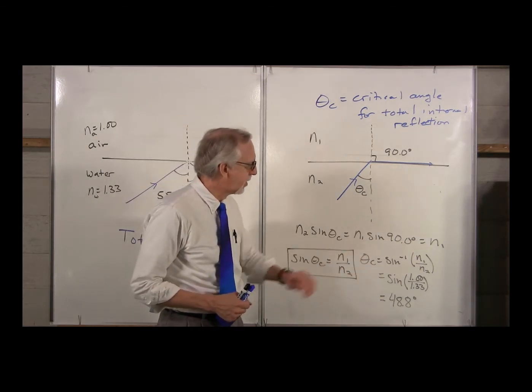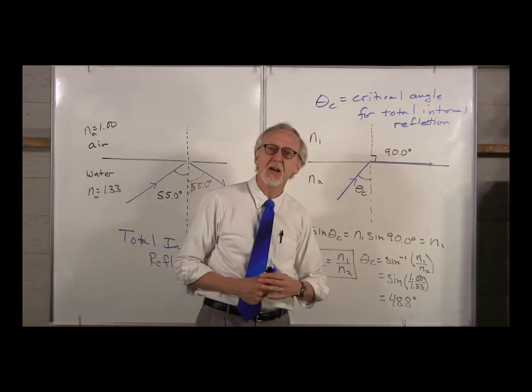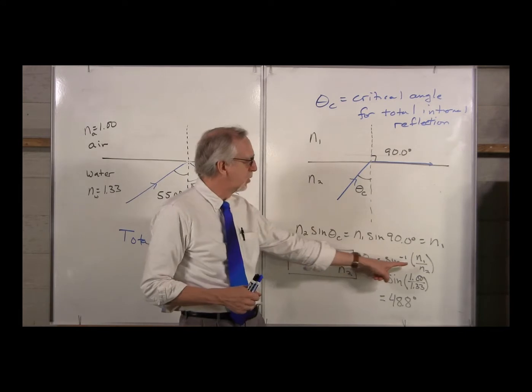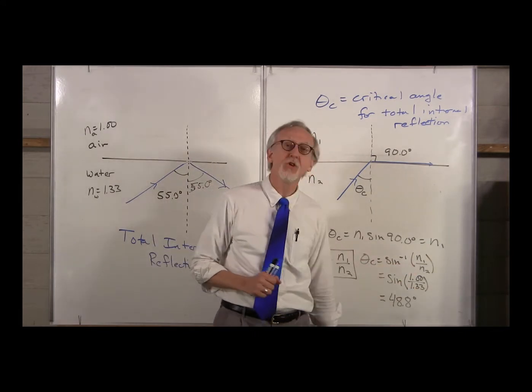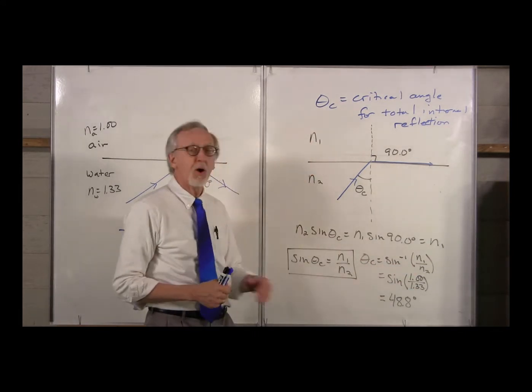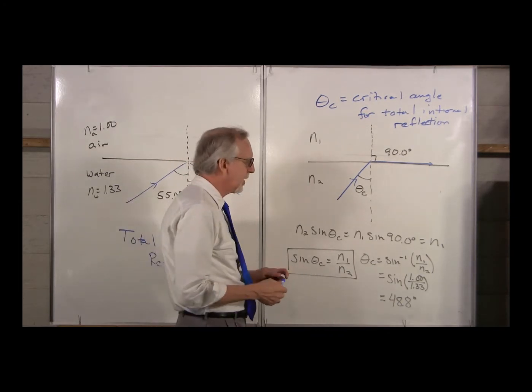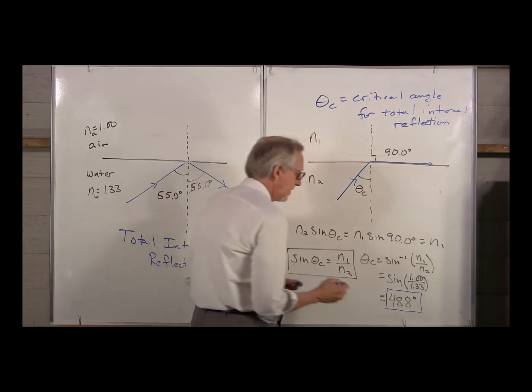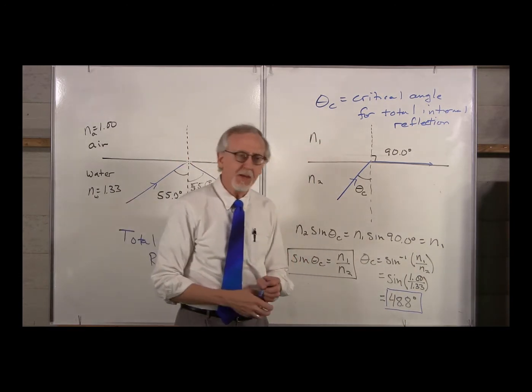Take the inverse sine of both sides. We have theta critical as the inverse sine of n1 over n2. Let's stick our numbers in here. n1 was equal to 1.00, n2 was 1.33. For an air-water interface, we get a critical angle of 48.8 degrees. What does that mean?